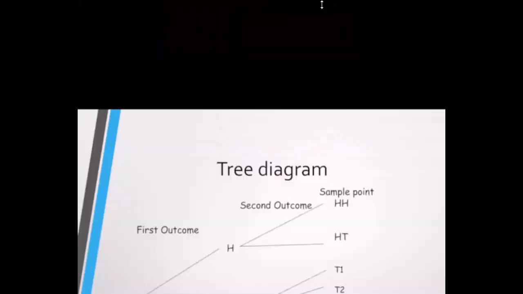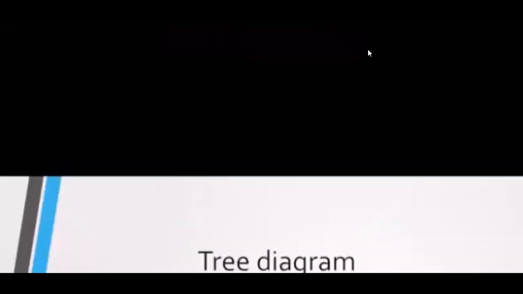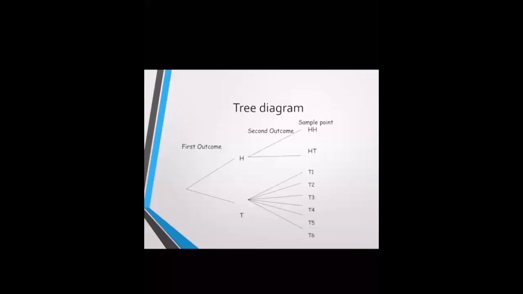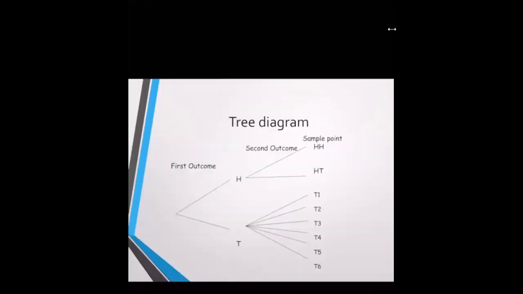What are the possible outcomes? Head and tail. Yes, head and tail. Very good. So first we flip a coin. Therefore, we can get either head or tail. There are only two possible outcomes.